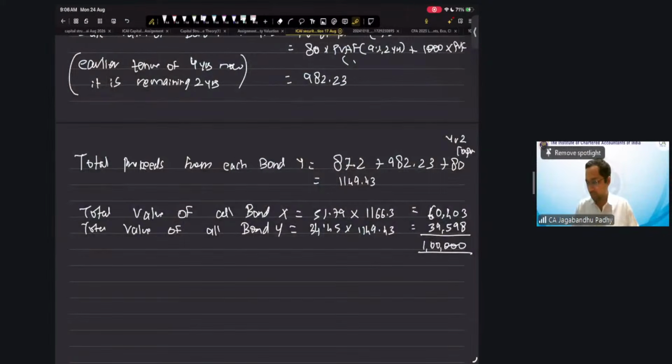Before the break, we discussed the concept of bond immunization, wherein we stated that the maturity value of our investment can actually be fixed.